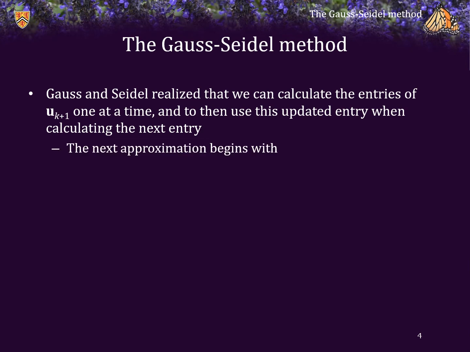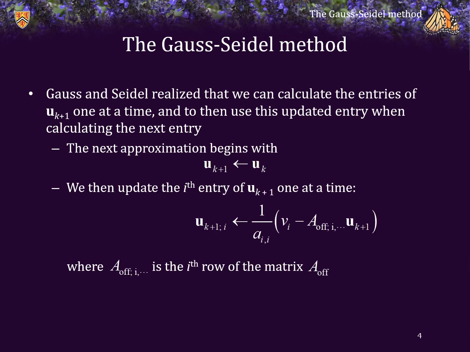So the next approximation is going to be initialized with the current approximation of the solution. What we will then do is, for the next approximation, we will update each of the entries one at a time. So basically, we will start with the first entry, and then the second, and so on.